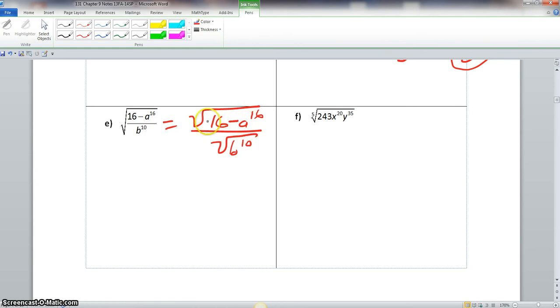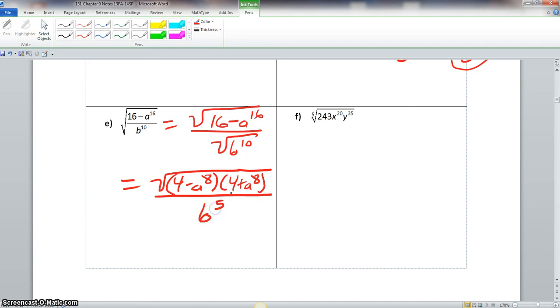I'll just write it out so you can see this. We know that this will end up being 4 minus a to the 8th times 4 plus a to the 8th, all over the square root of b to the 10th. We already saw that it was b to the 5th from the last problem.